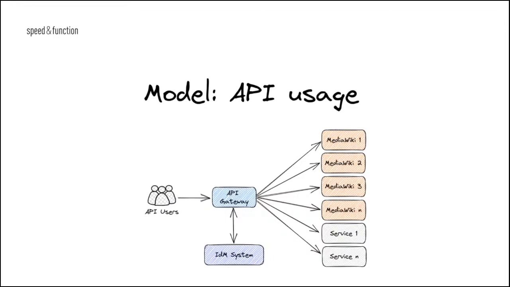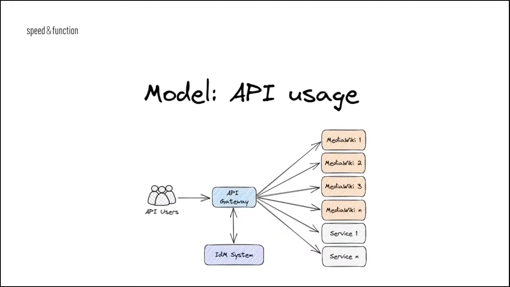For those of you who used the APIs of MediaWiki, especially in the current state, there is a REST API and there's an Actions API, and you have to know your way around that. So by hiding that behind the API gateway, we needed to support that use case as well. We needed to make sure that we can take this IDM system and plug it into the API gateway to support user authentication, as well as possible support of development of new API services that will live behind that API gateway, and then we provide the same identity management to them as well.